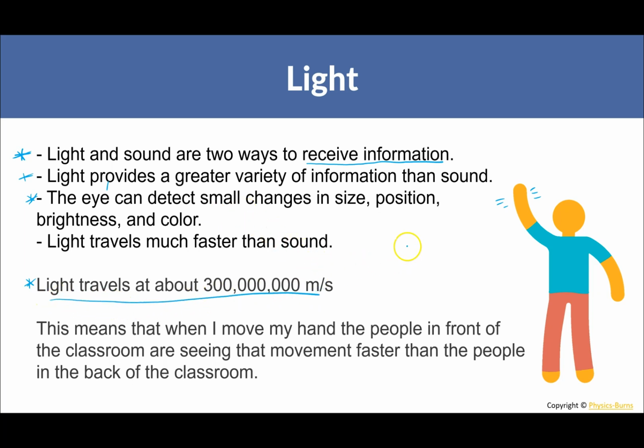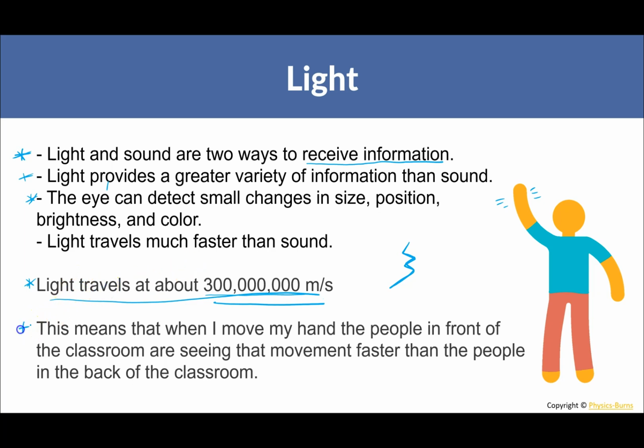When lightning strikes, we see it pretty quickly because it's going so fast. Then a few seconds later, depending on how far away you are, we hear a boom, the thunder. The reason we see the lightning first is that light is traveling really fast, while sound takes a while to catch up.